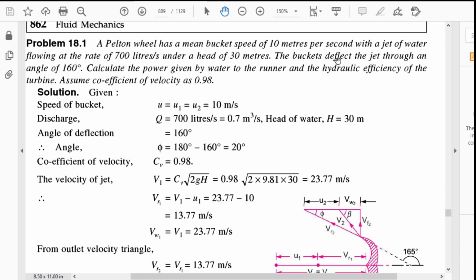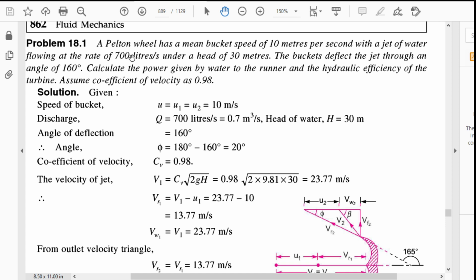The buckets deflect the jet through an angle of 160 degrees. Calculate the power given by water to the runner and the hydraulic efficiency of the turbine. Assume coefficient of velocity as 0.98.